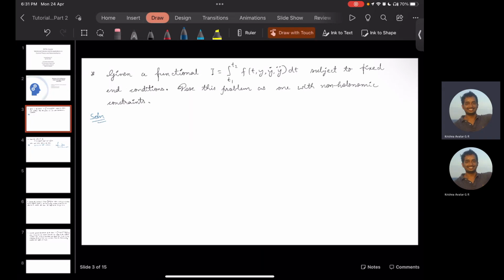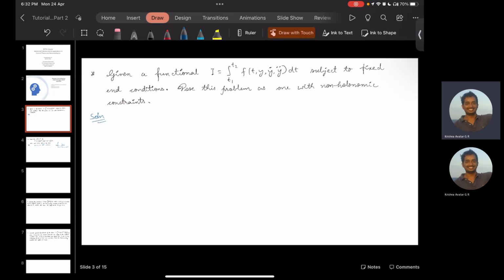You know very well that non-holonomic constraints are those constraints that contain the derivatives of the extremizers. So that's what a non-holonomic constraint implies.